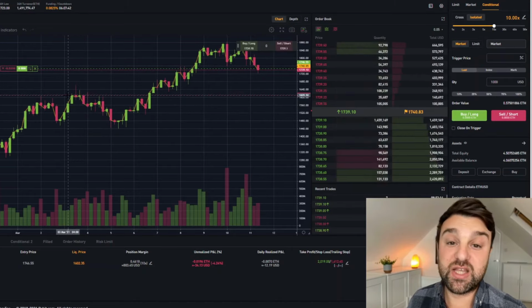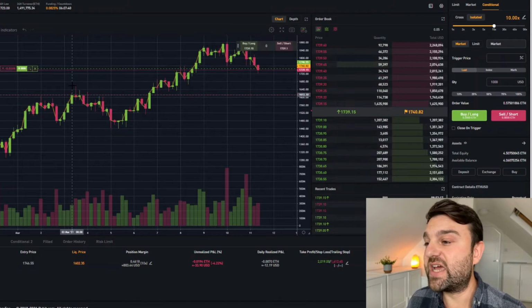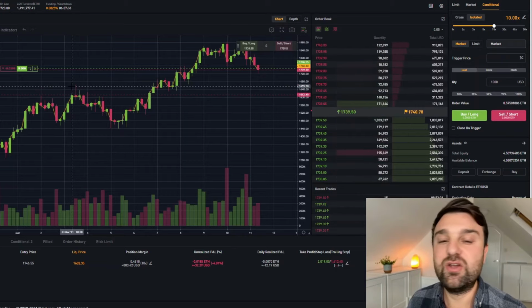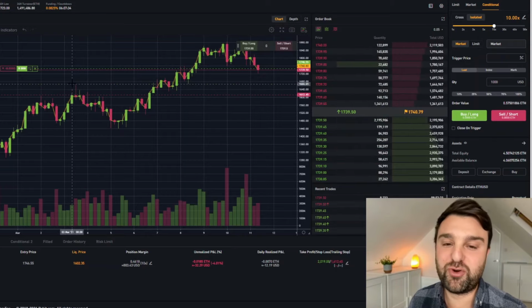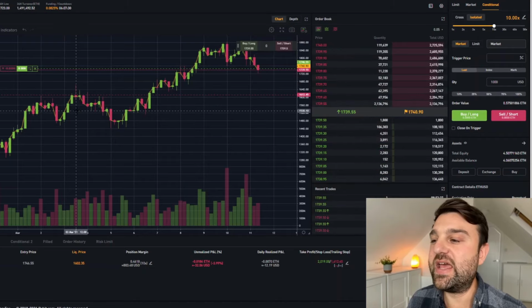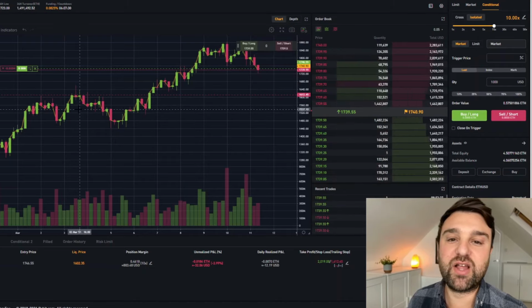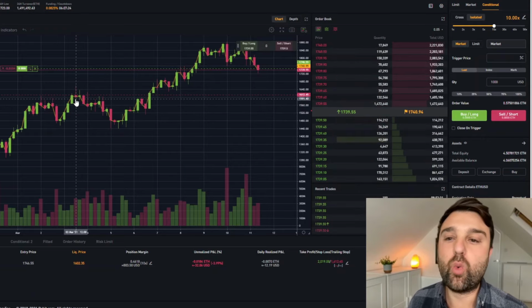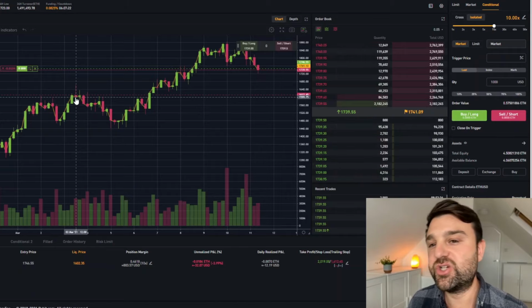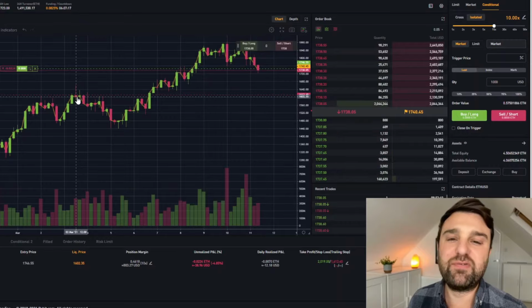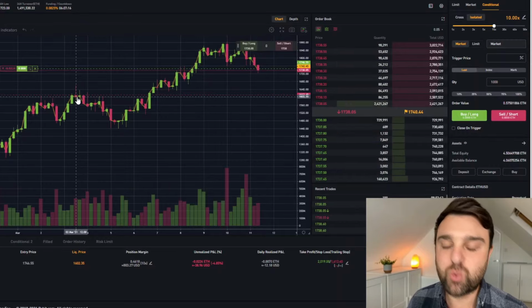What you could do is use a conditional order to set a price here, for example, for a buy. So if the price were to get here, you would buy it because it's broken through this resistance. Or you could set a conditional order here. So if it broke down, you may think, okay, it's selling off. And that conditional order is only activated when that price is hit. So a conditional order is good to systematically put a trade in place, so you don't have to be watching the chart 24/7.